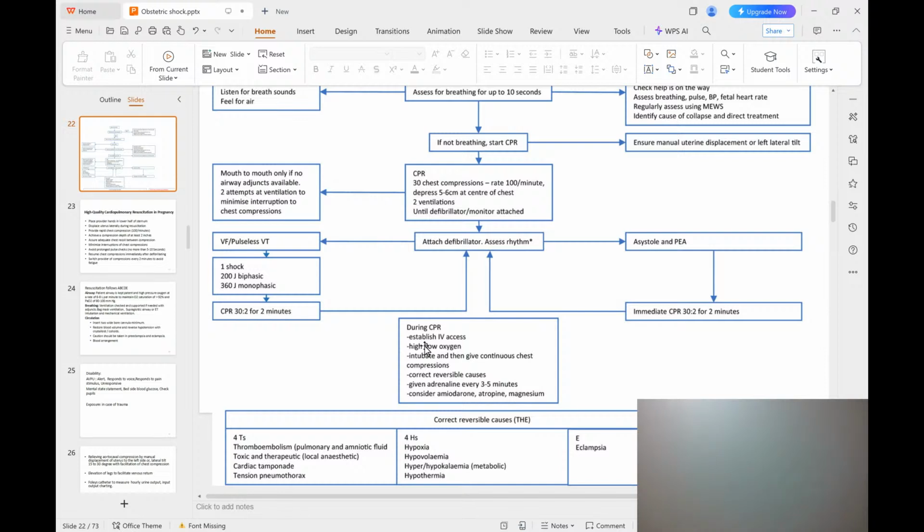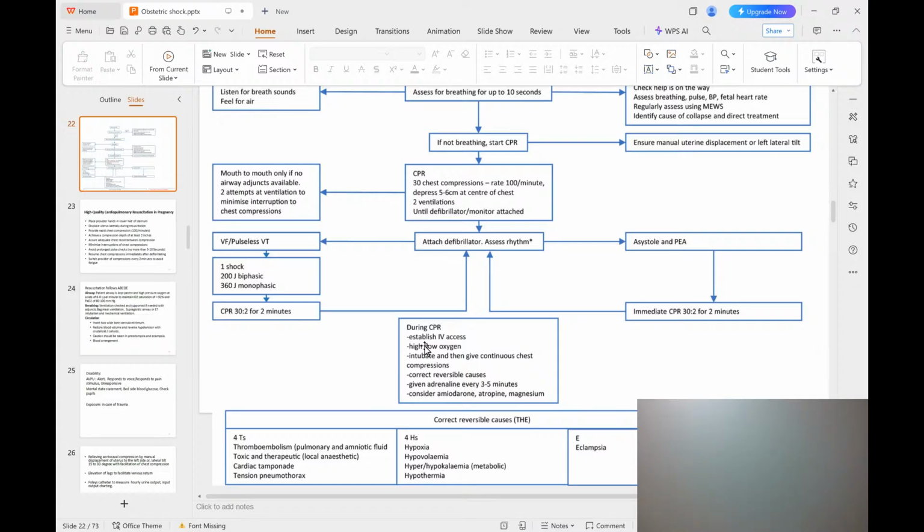If not breathing, then intubation is required with continuous chest compression, correcting the reversible causes, and adrenaline is given, one ampoule every 3 to 5 minutes, with other considerations like amiodarone, atropine, magnesium, and 4Hs and 4Ts.